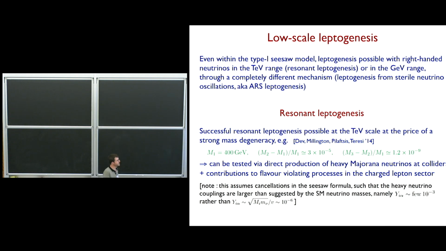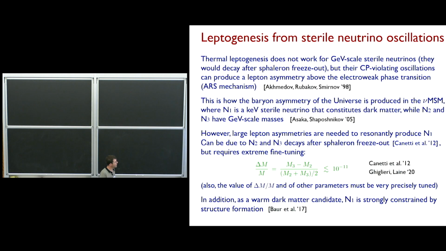And in that case, the lepton asymmetry is created in sterile neutrino oscillations. So let me briefly describe how it works. First you produce an asymmetry in the sterile neutrino sector through their CP violating oscillation, and this happens above the electroweak phase transition.